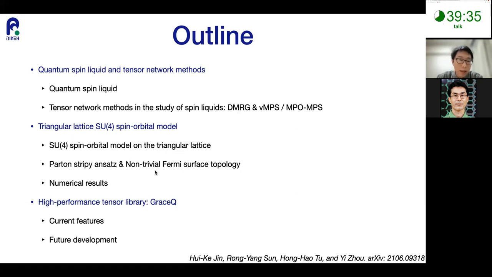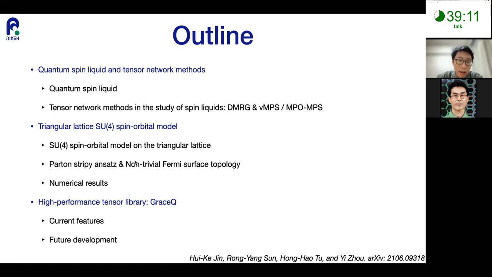In the second part of my talk, I will introduce the ICO4 spin-orbital model on the triangular lattice in detail, and I will also introduce our parton mean-field ansatz, called the stretching ansatz, to understand the physics of this model.